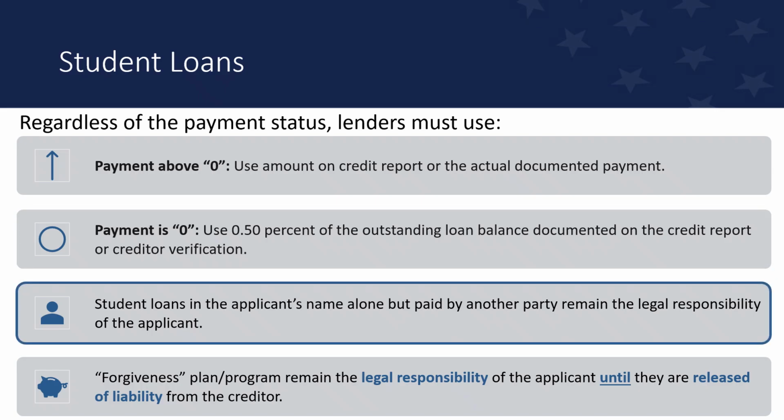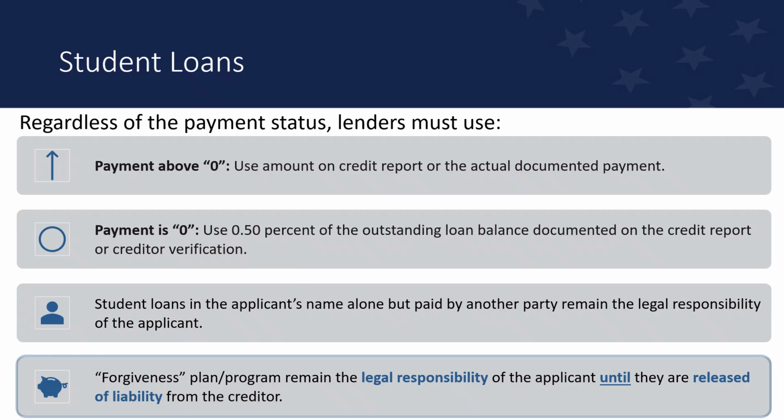Student loans in the applicant's name alone, but paid by another party, remain the legal responsibility of the applicant. Student loans in a forgiveness plan or program remain the legal responsibility of the applicant until they are released of liability from the creditor. In these cases, the applicable payment must be included in the monthly debts.